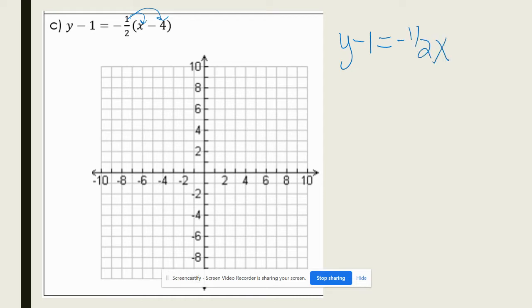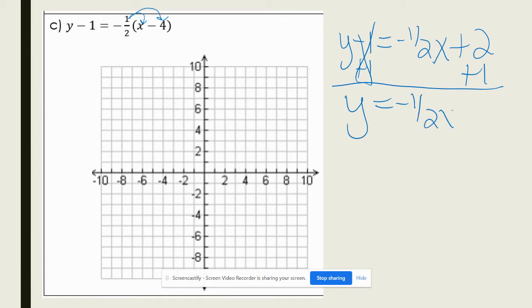Half of 4 is 2, and a negative times a negative is a positive. So -1/2 x plus 2. And then we finish getting y alone by adding 1 to the other side. Y, that adds to 0, is equal to -1/2 x plus 3.